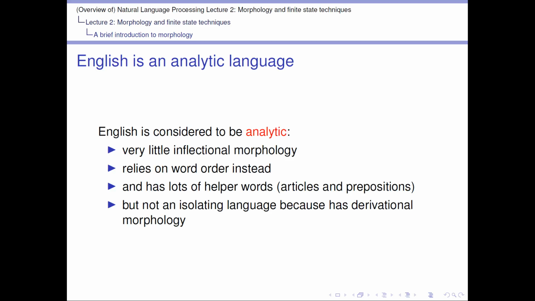Is anybody interested in why this is the case? There's all kinds of theories. I'm going to take a second just to explain one of them. The idea of why we've ended up this way is actually because of all of the different language influence we've had over time. There's this idea that if you have very many second language learners in a language, the inflectional morphology is actually quite difficult for people to pick up.